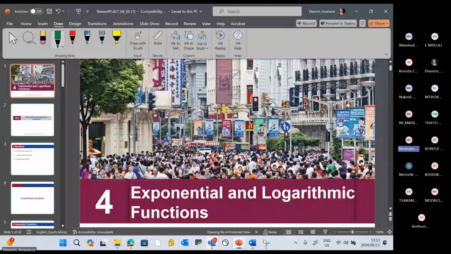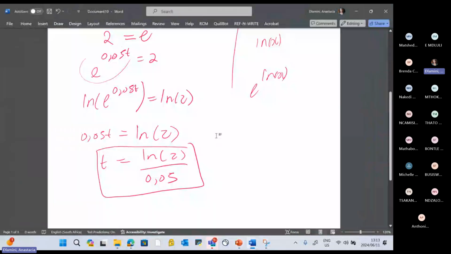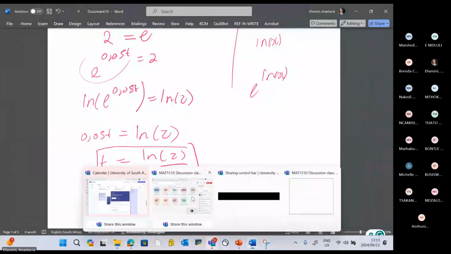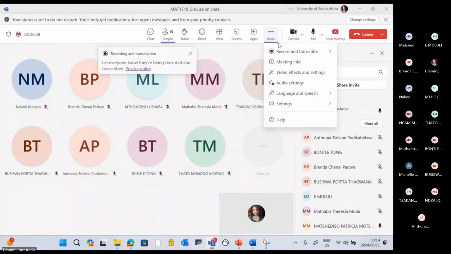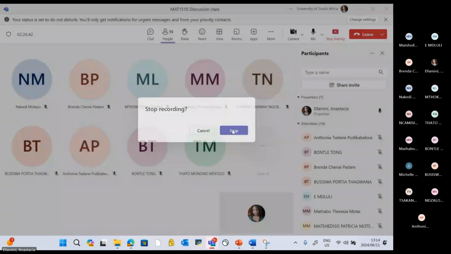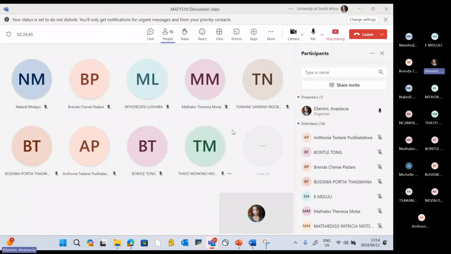Yes, so this was 4.5. Let me stop it so that for the new section, we start a new one. Okay, now go breathe in.